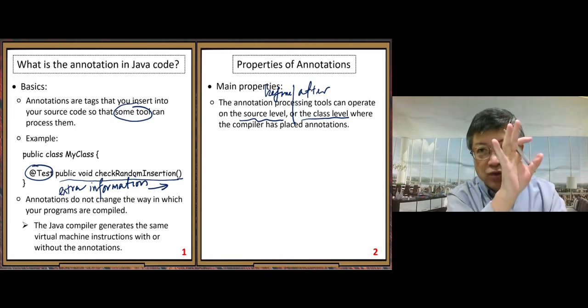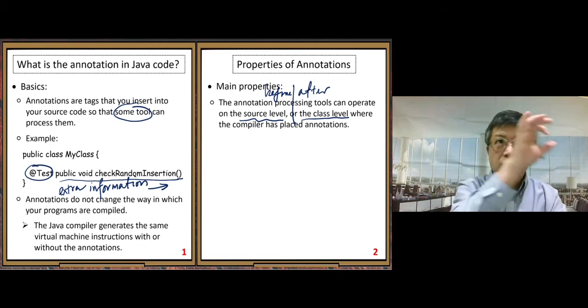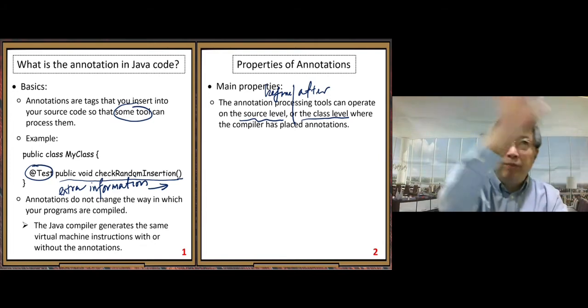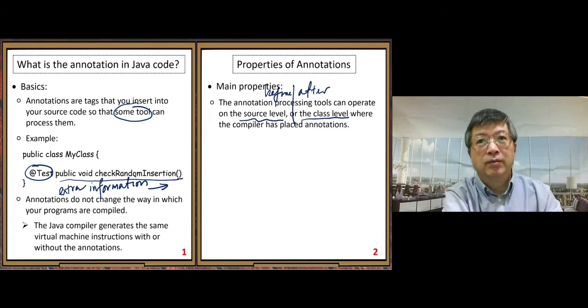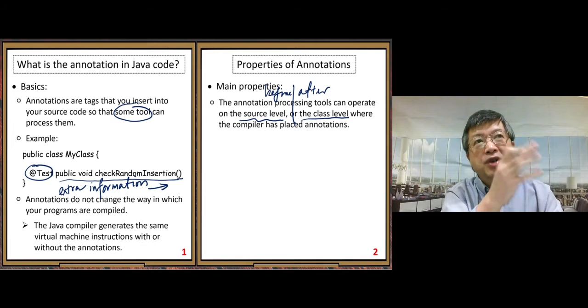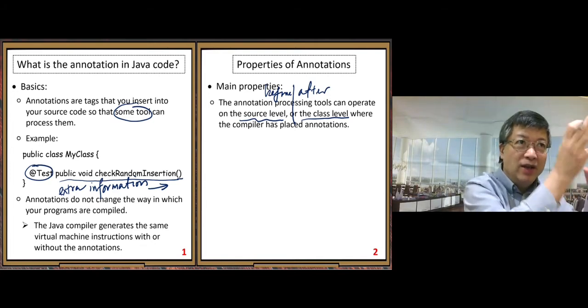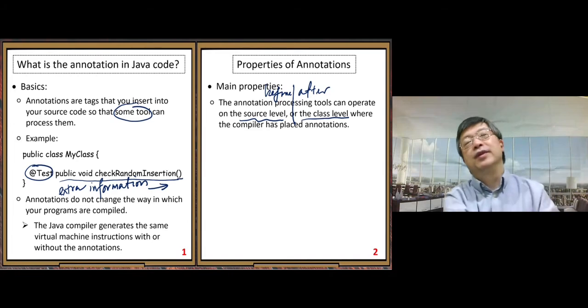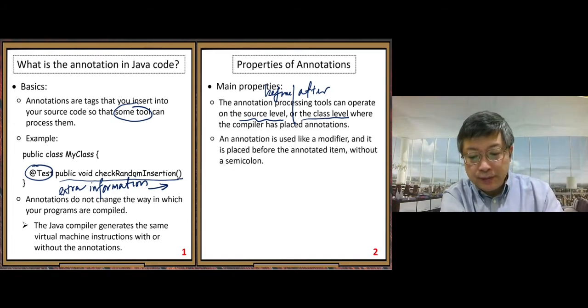The special tools can extract information from both formats. So the compiler needs to place annotation information somewhere separately. Just imagine.